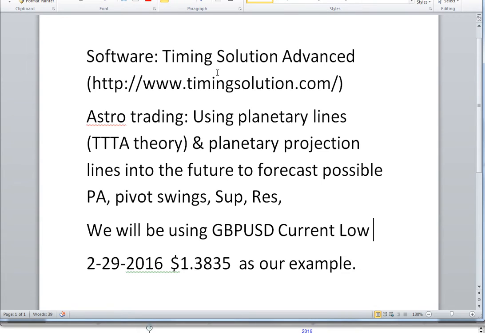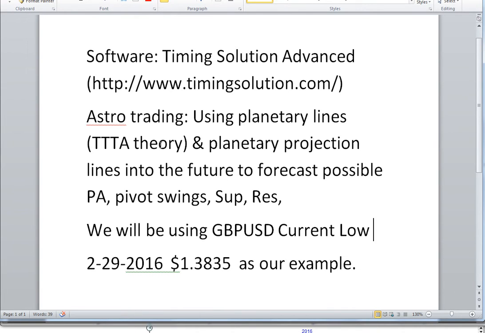So the software I'm using today is called Timing Solutions Advanced. This is their website, and the technique that I'm going to be showing you is called astro trading using planetary lines. I put in parentheses TTA theory, which is tunnel through the air theory.